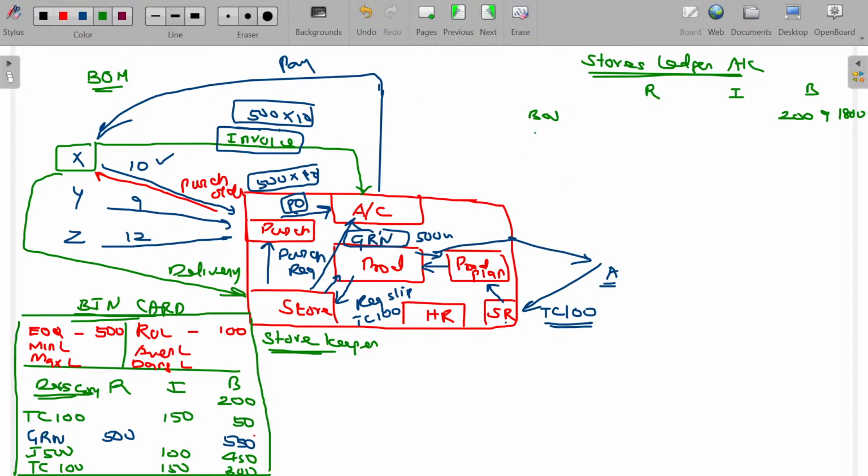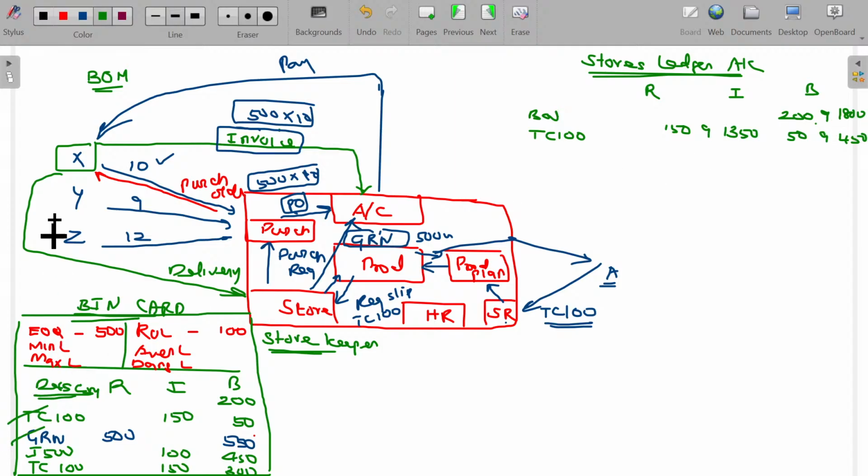Again, there is an issue for TC 100, 150 units. Currently, 9 rupees is the price they have. So 150 into 9, what is the value? 1350. Closing stock is only 50 units at rupees 9, 450.